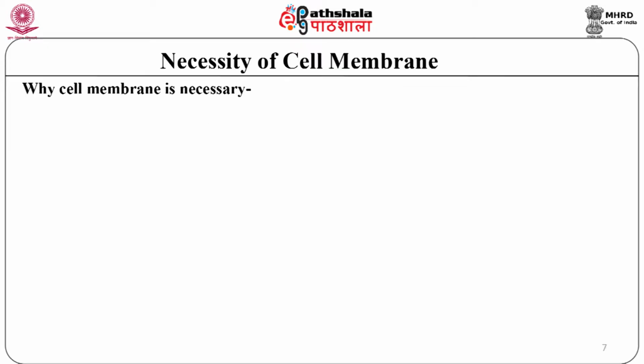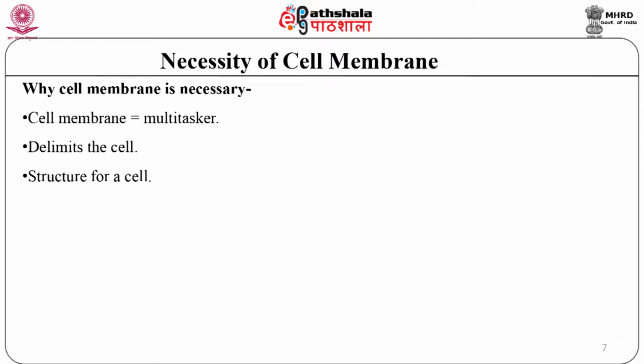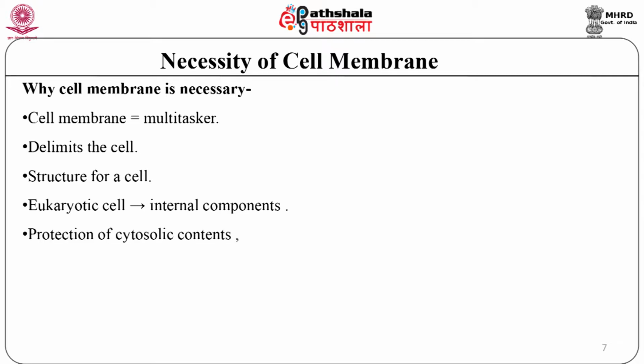Why is the cell membrane necessary? Cell membrane is necessary because it is one of the multitaskers. It delimits the cells, it provides structure for a cell, it defines internal components of the eukaryotic cell, and it protects cytosolic content from the environment by separating the interior of cells from its environment.